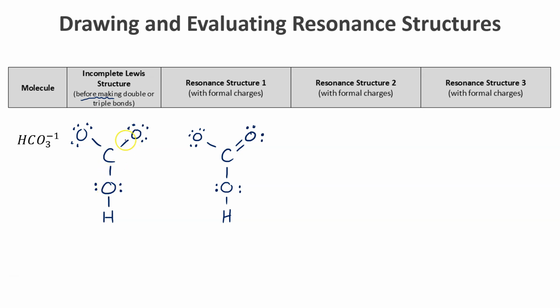What you should notice is that where we made the double bond in this top right hand position is not the only possibility. We could have also moved in a pair from this oxygen and made the double bond in that top left hand position. It solves this exact same problem in the exact same way, and drawing that version is drawing a second of the possible resonance structures.